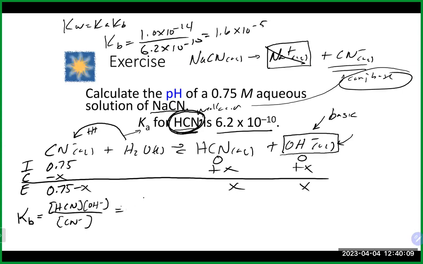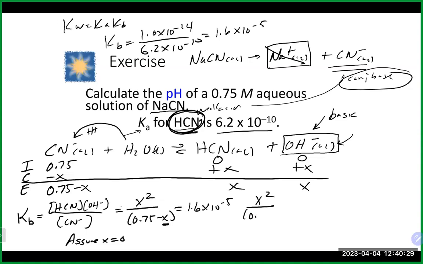So putting in our values gives us x squared divided by 0.75 minus x equals 1.6 times 10 to the minus 5. Once again, we're going to assume that x is equal to 0, which gets rid of this x. That reduces us down to x squared divided by 0.75 equals 1.6 times 10 to the minus 5. Once again, I'm going to multiply this to the other side and take the square root of it.